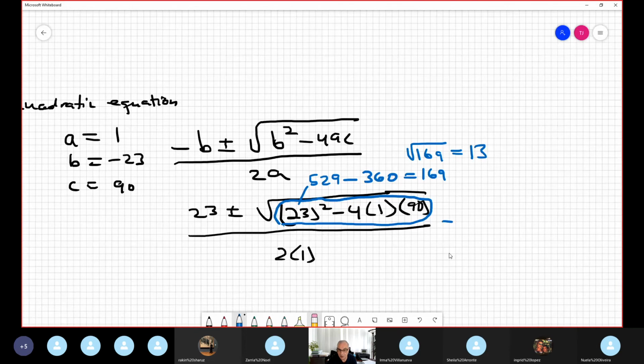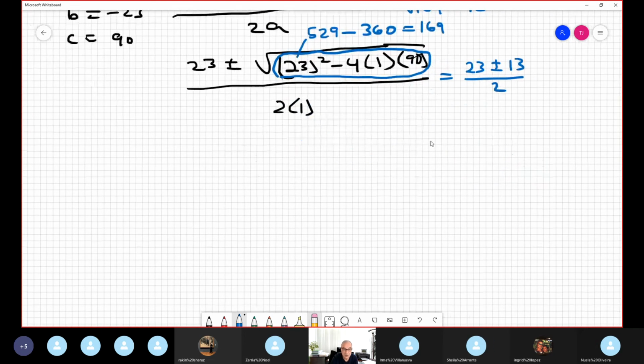The square root of 169 is 13. So far we have 23 plus or minus 13, divided by 2. As usual, I separate in two pieces using the positive sign and the negative sign, because it's a quadratic equation and normally we have two solutions. 23 plus 13 is 36. 36 divided by 2 is 18.